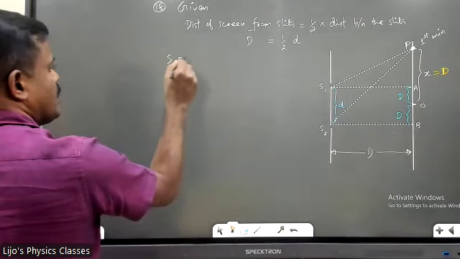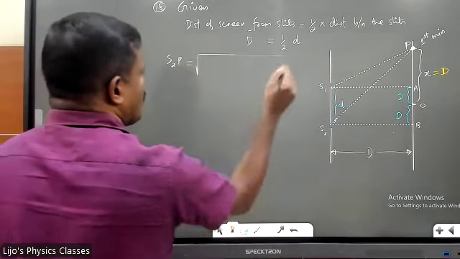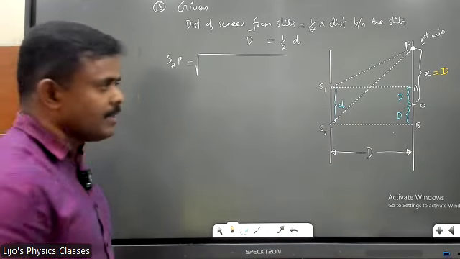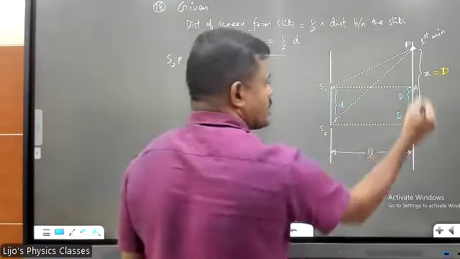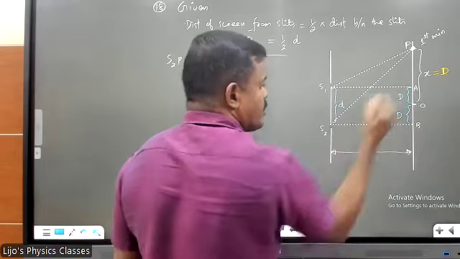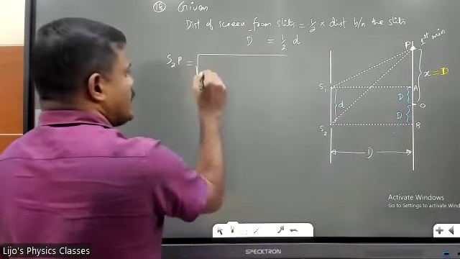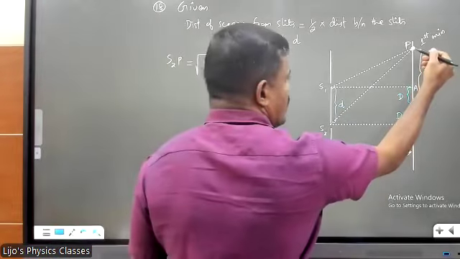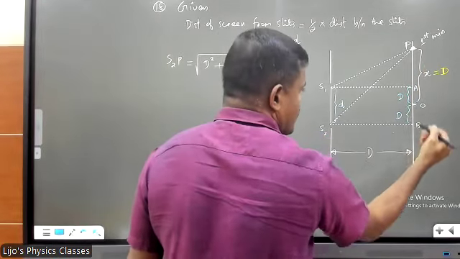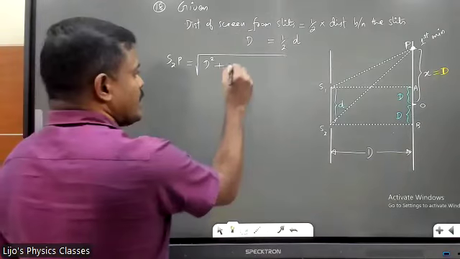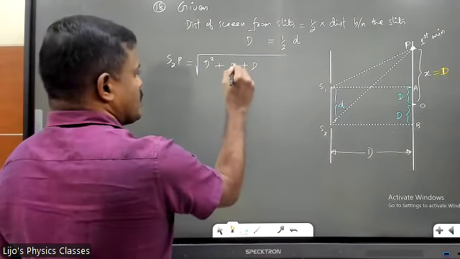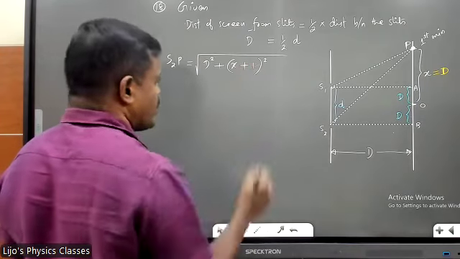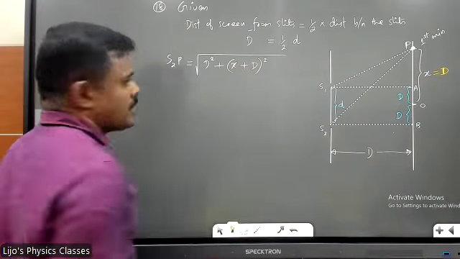S2P is equal to root of base square, D square plus altitude square. Altitude is x plus d. I took it x because that is general now. You can apply it to any condition. X plus d the whole square.